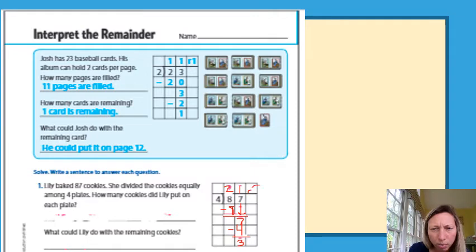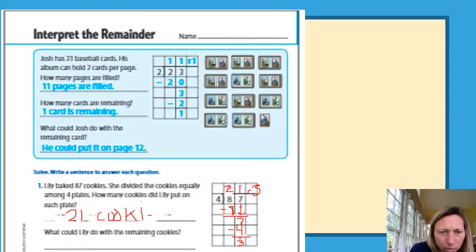All right, so you guys can write that in your workbook page as we're doing it. How many cookies did Lily put on each plate? She put 21 cookies. So she has 3 left over and is asking you, what could Lily do with the remaining cookies? That's what the next question says.